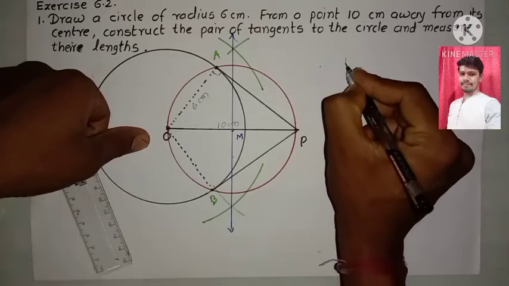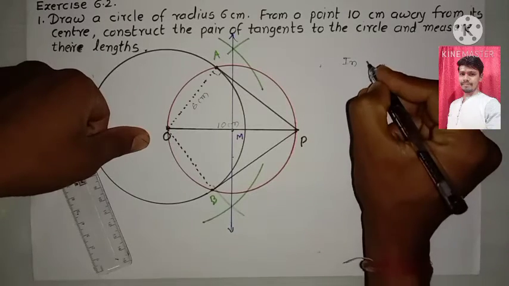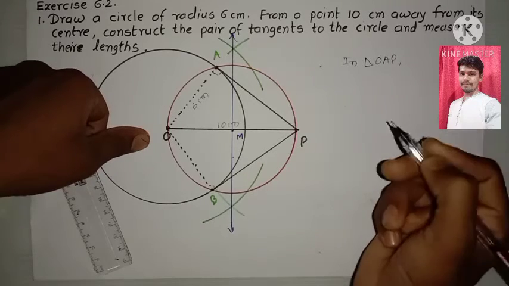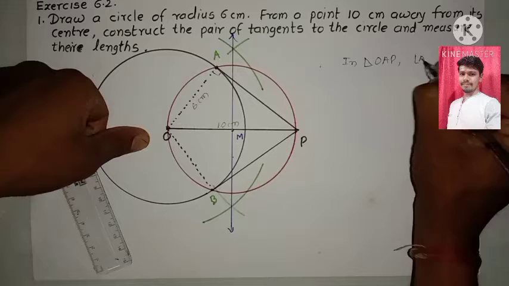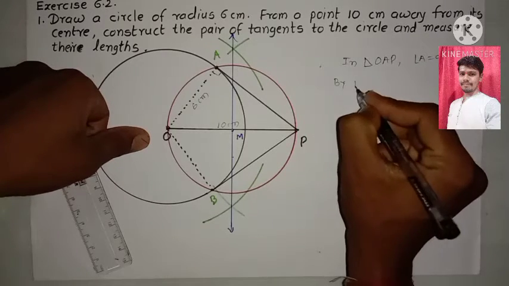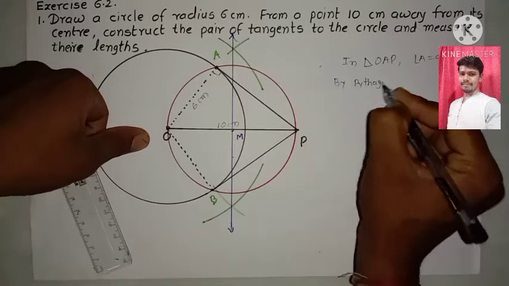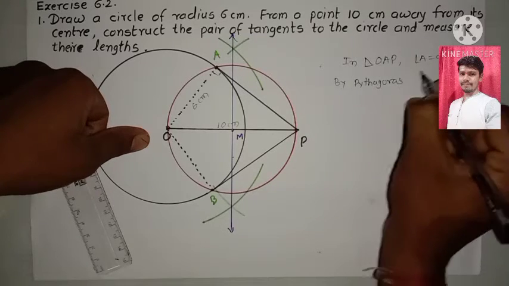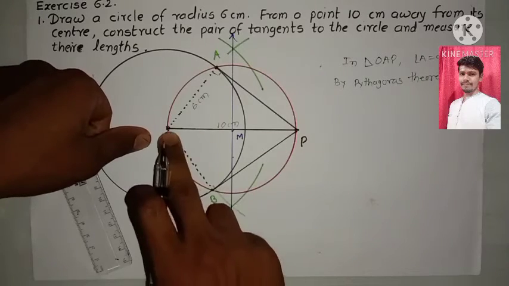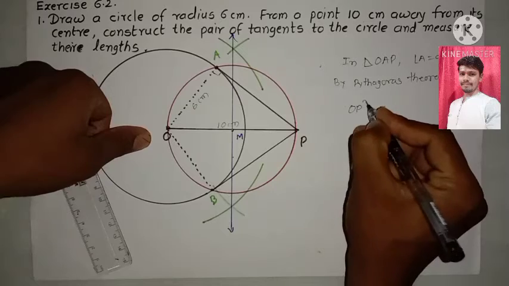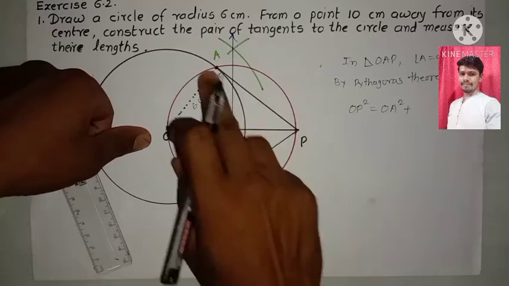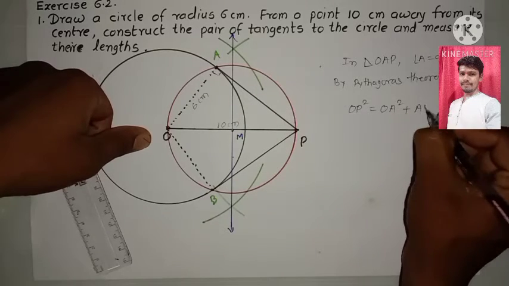Therefore, in right angle triangle OAP, angle A is equal to 90 degrees. Therefore, by the Pythagoras theorem, the hypotenuse OP squared is equal to OA squared plus AP squared.